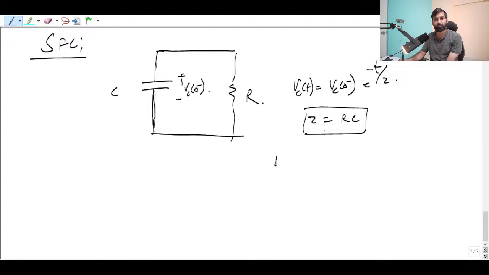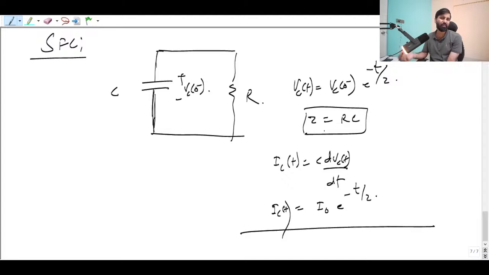So the current is going to be what? IC(t), which is C dVc by dt, right? So you can differentiate this, a very simple procedure. At the end of the day, you will find IC(t) also in terms of I naught e raised to power minus t by tau. Whatever voltage is there, this is the initial current, right?